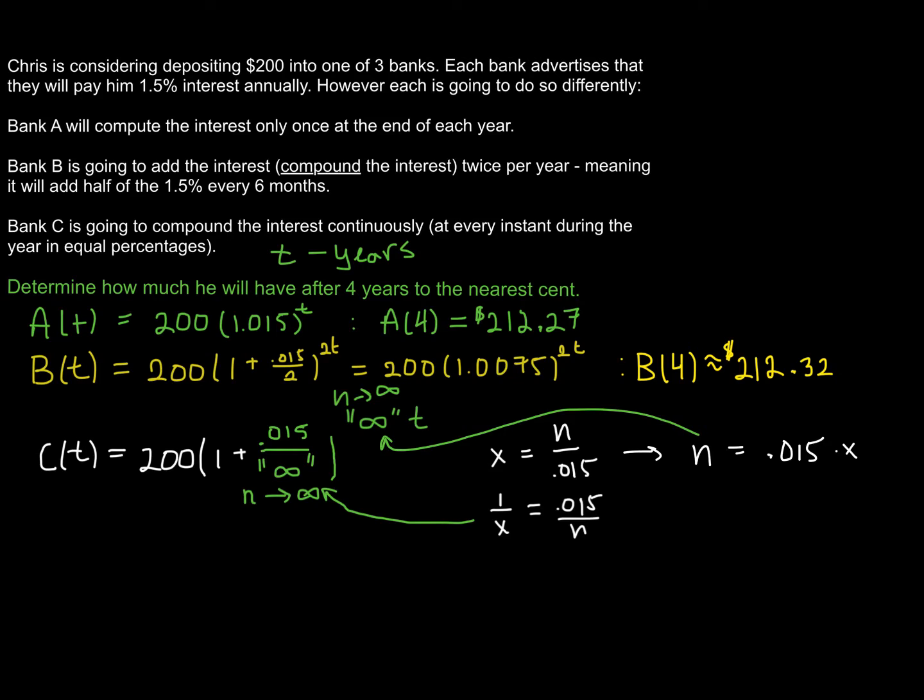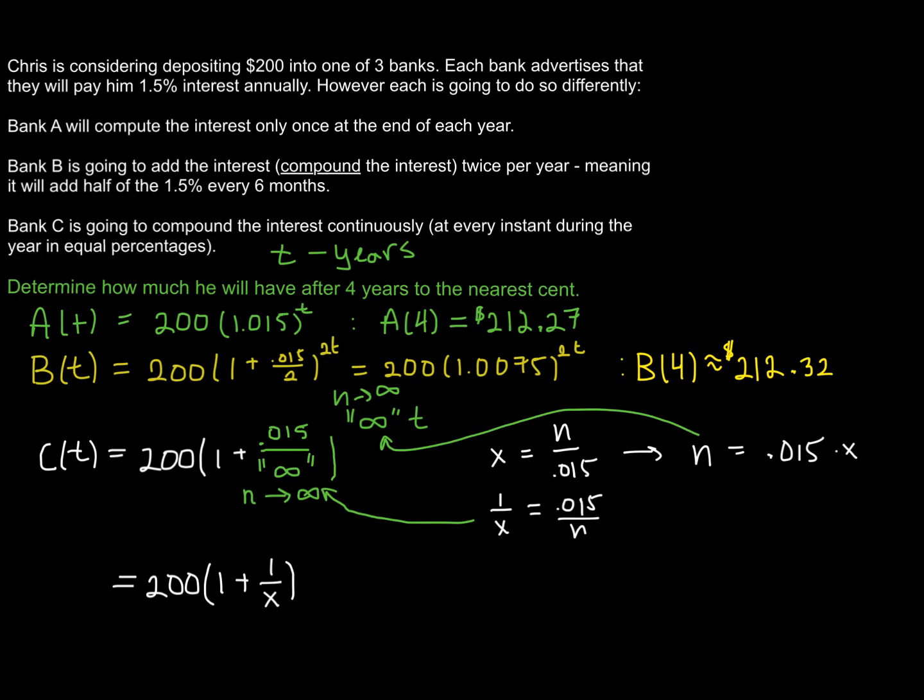Okay, so let's go ahead and rewrite our equation here. We have 200 times 1 plus the 0.015 over n. That is the same as writing 1 over x. So I have 1 over x. Now we move into the exponent.